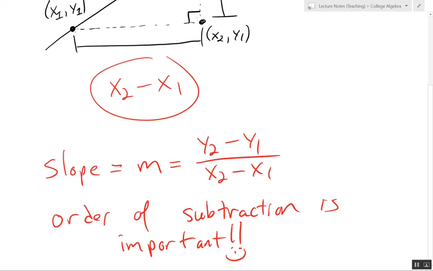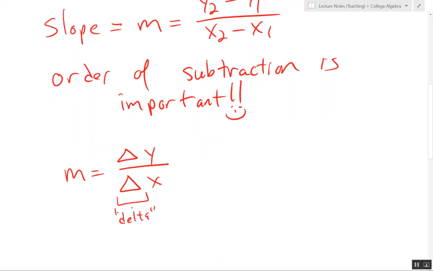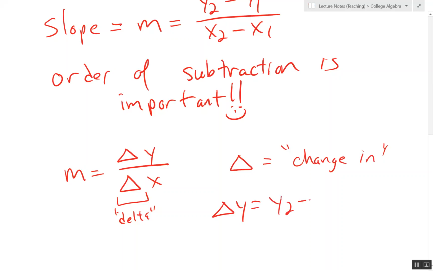One other thing, though, is there's an alternative notation for slope, and this is sometimes written as delta y over delta x. This is the Greek letter delta, and delta in math equals the phrase "change in." So we sometimes write delta y for y2 minus y1, and delta x for x2 minus x1.